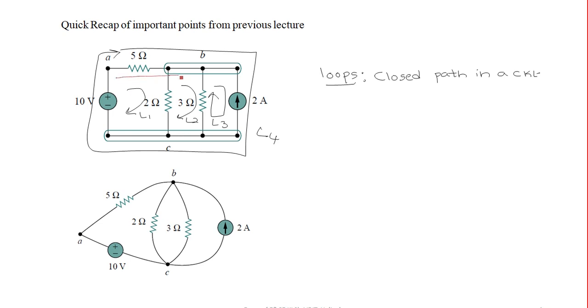We can have one loop like this, which is covering this 10 volts, 5 ohms, 3 ohms, and again back to 10 volts. And even this one as well, you can consider as additional loops. As we progress towards the different problems, you will come to know more about these things.